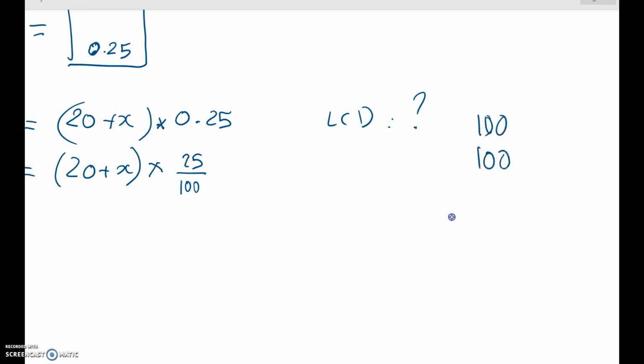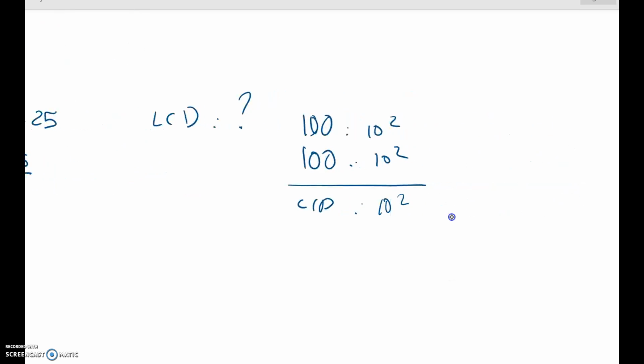First denominator 100, second denominator 100, the other one, there is just one, so we're done. Obviously, I need to completely factorize into prime, and I know that the LCD is the multiplication of each factor with the highest power, factor 10 to the 2, factor 10 to the 2, so obviously, my LCD is 10 squared. My LCD is 100.